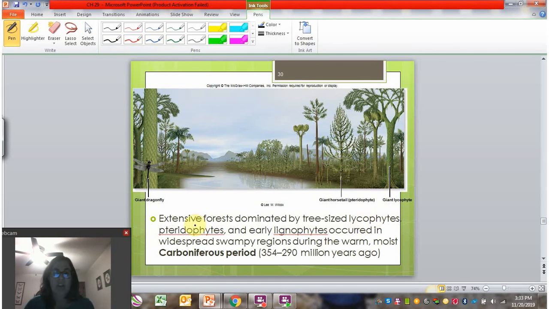So when we imagine what that early Earth was like, it would have had a bunch of these lycophytes and pteridophytes. So again, in this swampy, moist environment of the Carboniferous era, the types of plants that did well were plants that liked moist conditions.